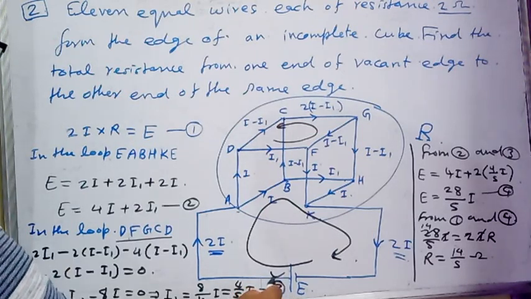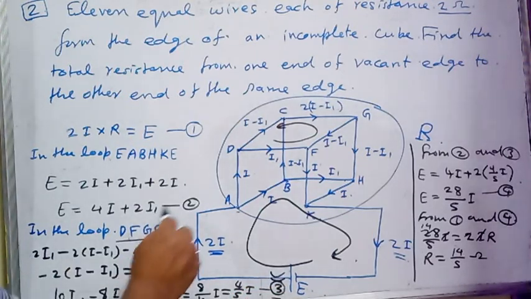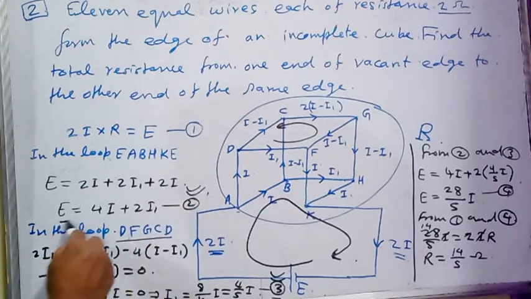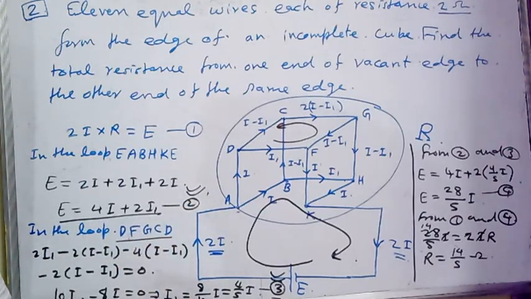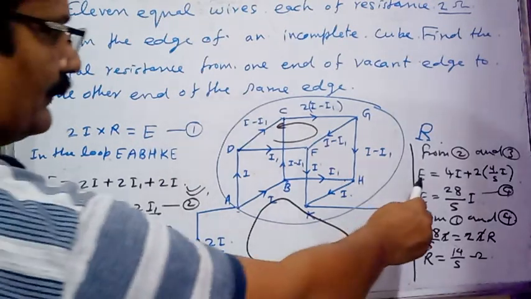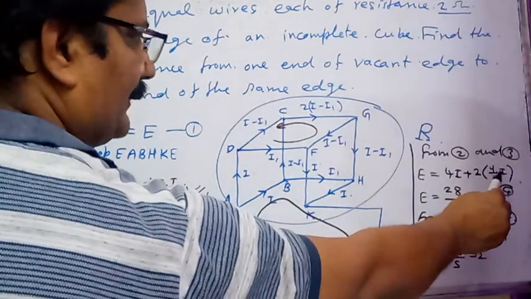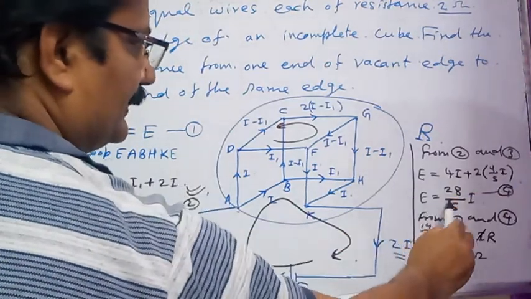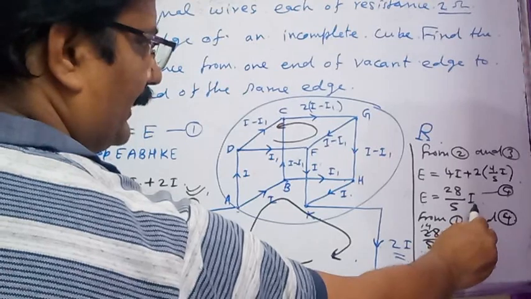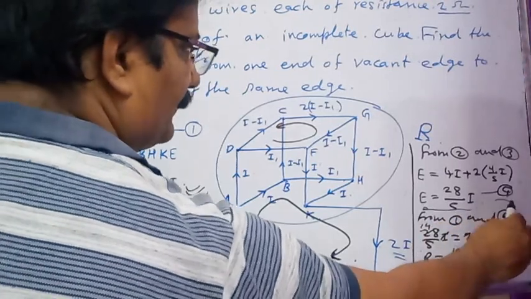If you solve equation number 3 and equation number 2, these two equations, you will get the value of E as 4I plus 2I1. Putting the value of I1 as 4 by 5 I, the value of E is going to be 28 by 5 I. This is equation number 4.